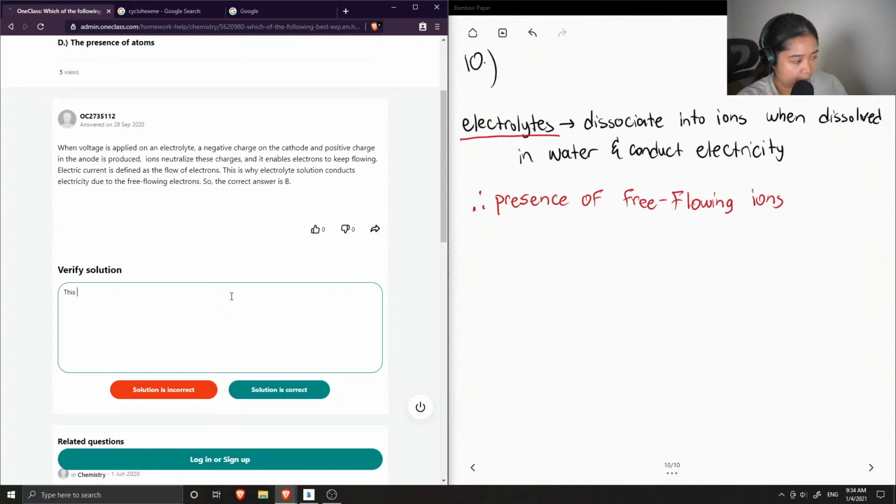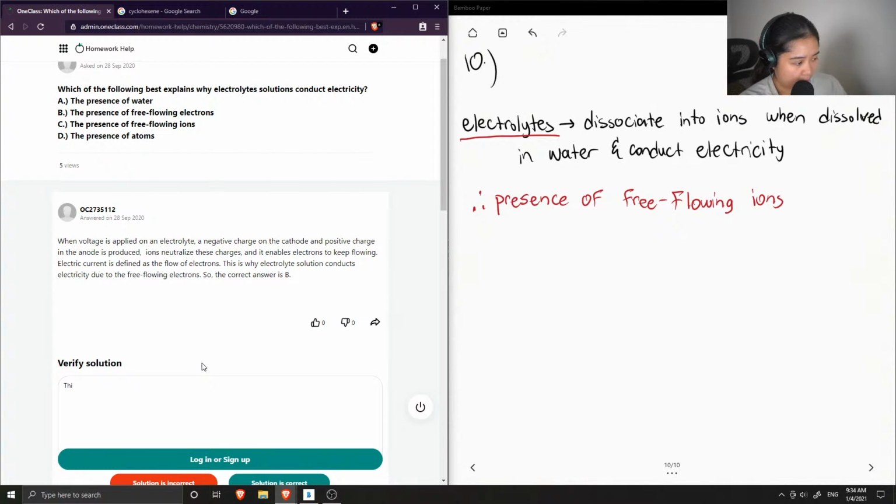So the solution, okay, so I said that electrolytes dissociate into ions when dissolved in water and conduct electricity.